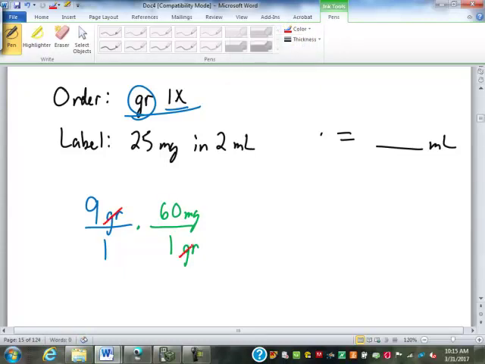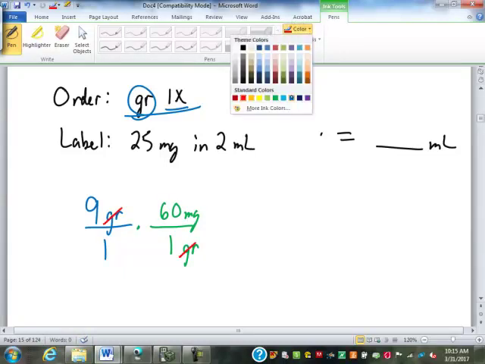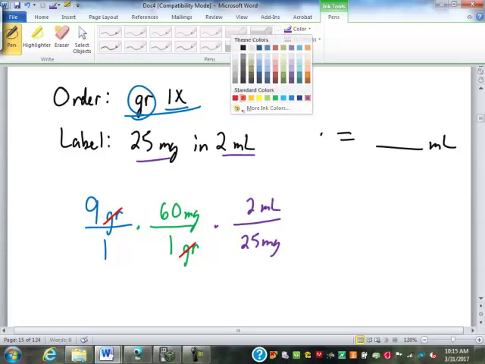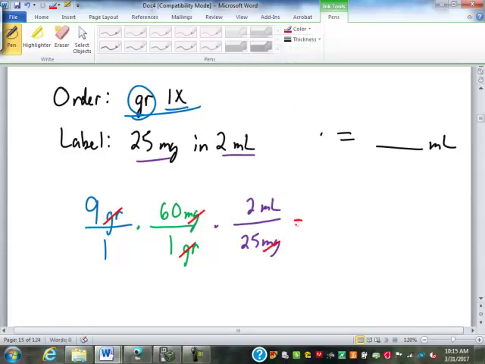So now we are in milligrams, and then we can convert with the 25 milligrams and 2 milliliters. So we have 9 times 60 times 2 is 1,080 over 25.